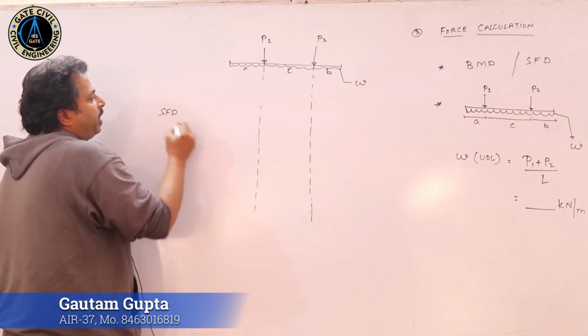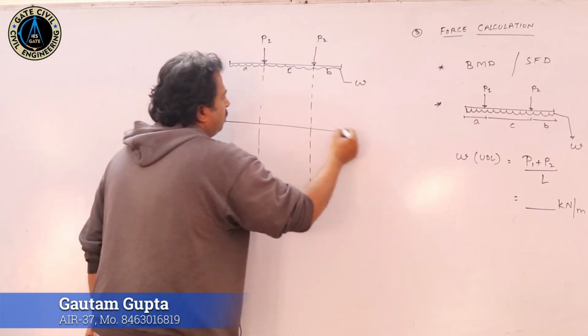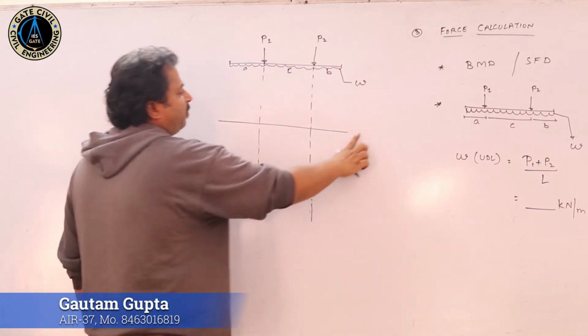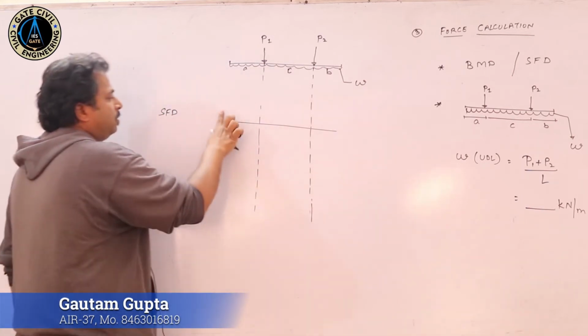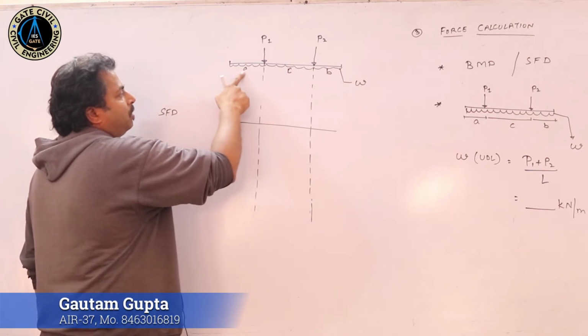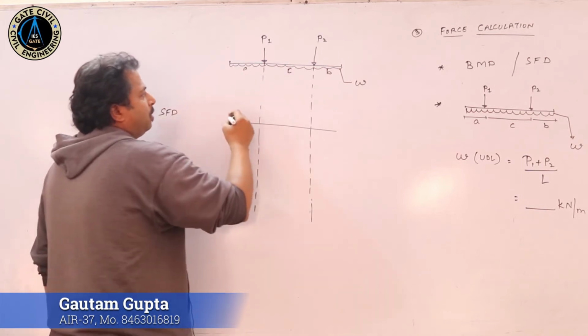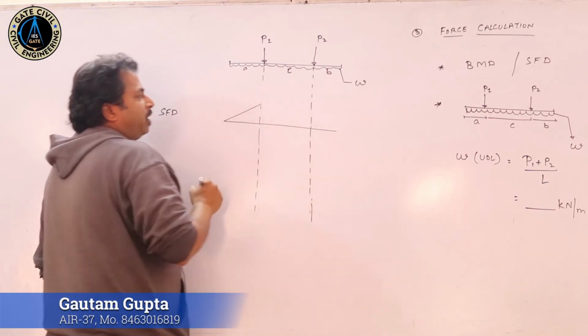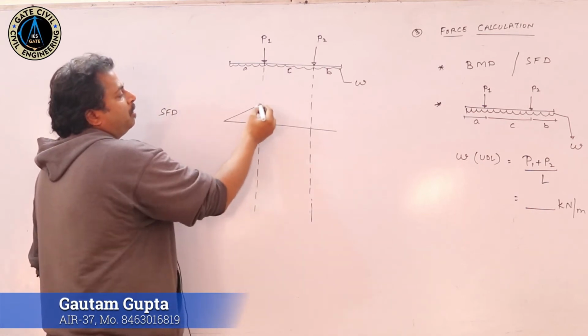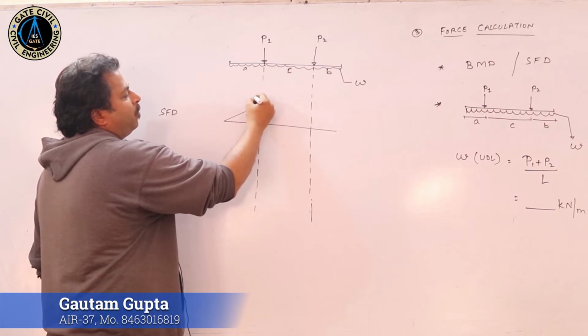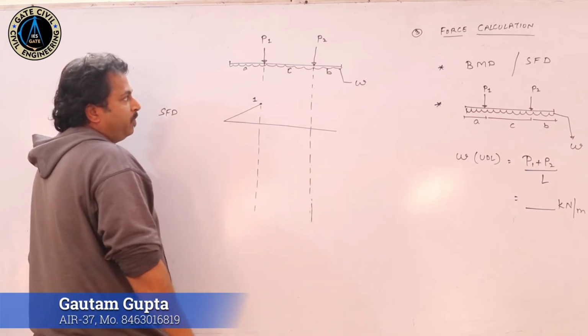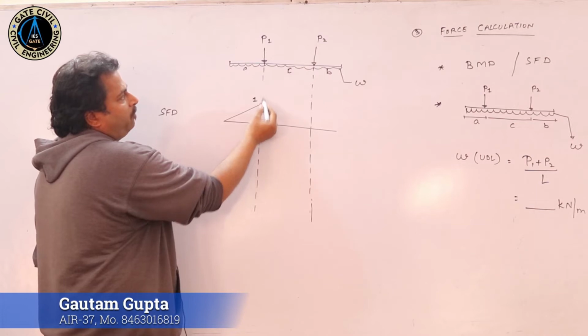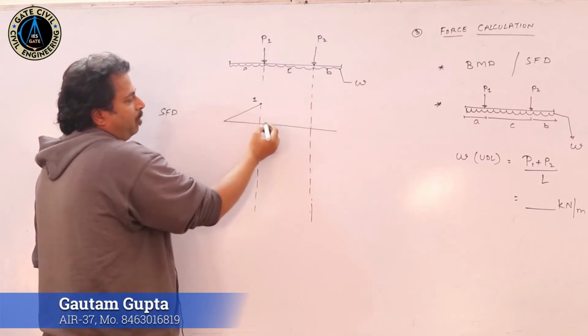So, the shear force diagram, the basic principle of shear force everybody knows. This is distance A. So, for a UDL, the shear force will be an inclined line. This particular point, I am writing it as 1. When we approach point 1, there is a load of P1 which is going down.